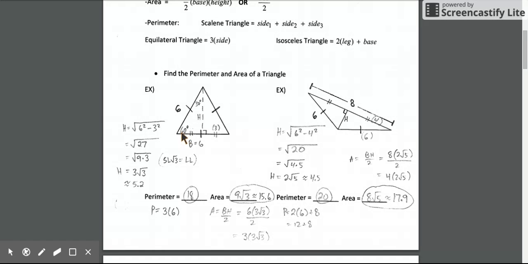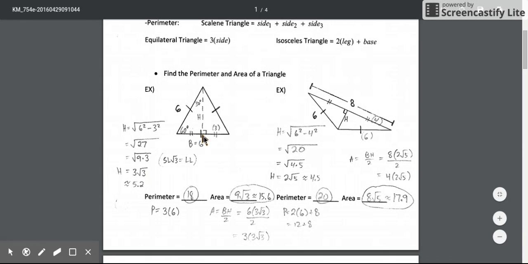So this angle is 60. The altitude is going to bisect that vertex angle, cut 60 in half. That's our 30. So across from the 30 is our short leg. If that was a measurement of 3, then the long leg is just that value times the square root of 3. So the height must be 3 times the square root of 3, which is the same thing we get by using the Pythagorean theorem.